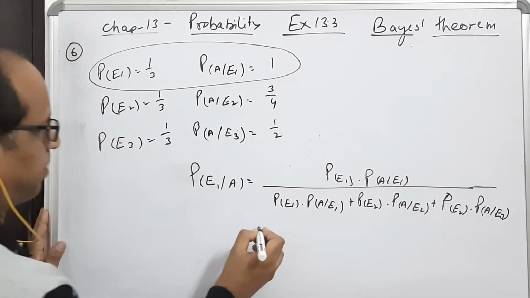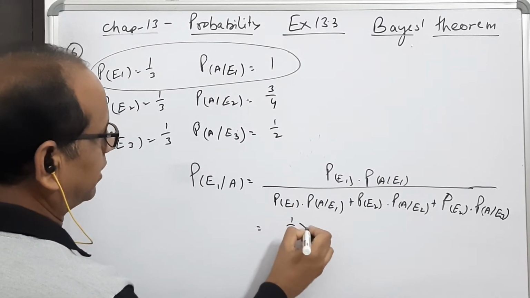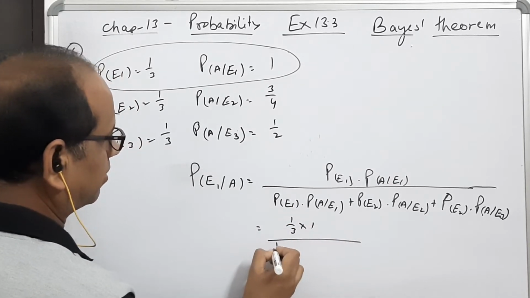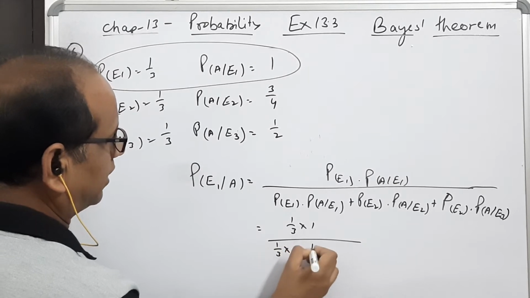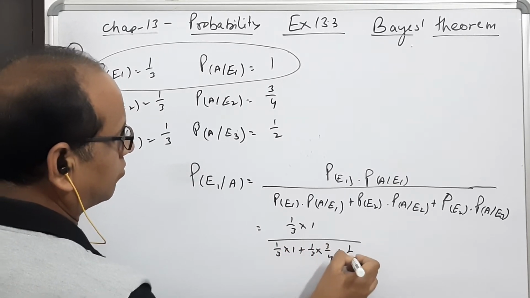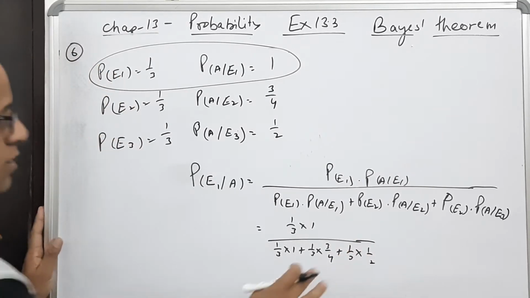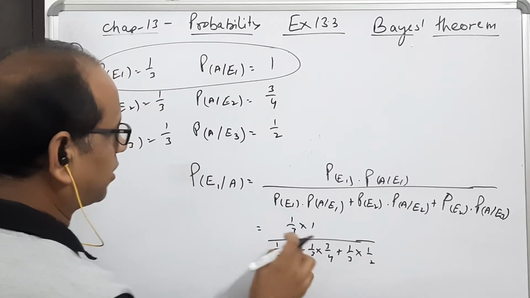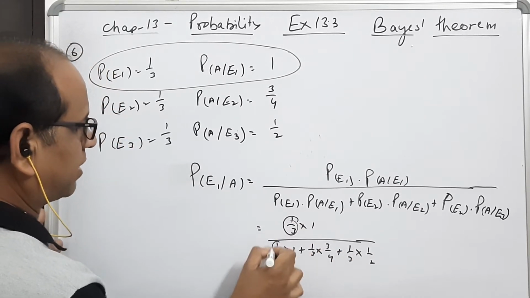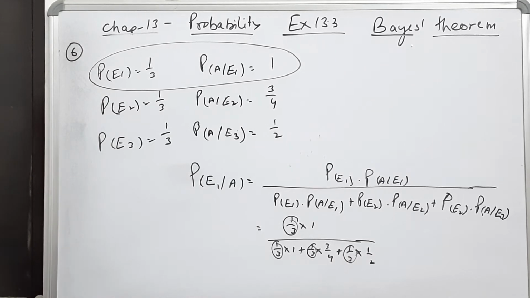So here you see now it is 1 by 3 into 1 upon 1 by 3 into 1, plus 1 by 3 into 3 by 4, plus 1 by 3 into 1 by 2. So as I told you in the previous problem, this 1 by 3, this 1 by 3, 1 by 3 and 1 by 3, when we take common it will cancel.